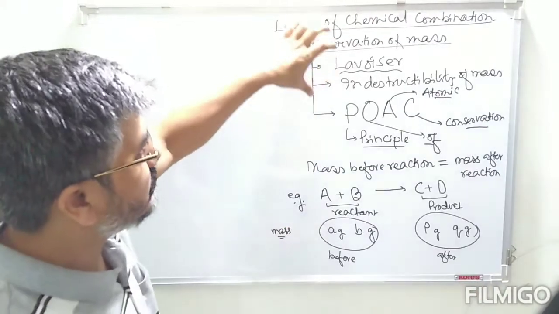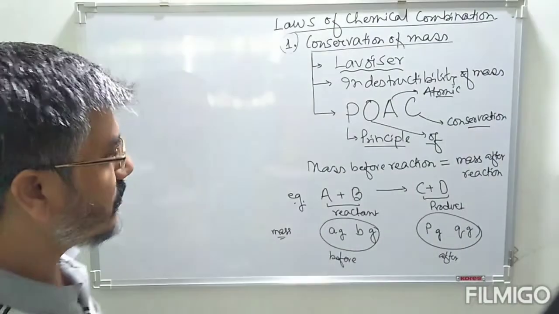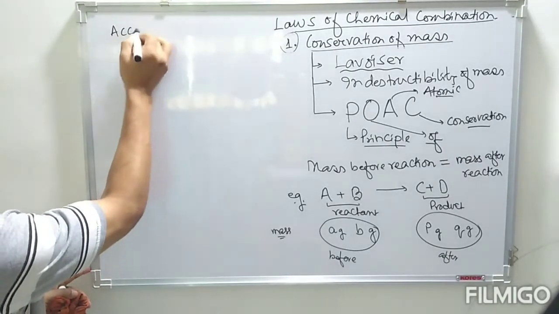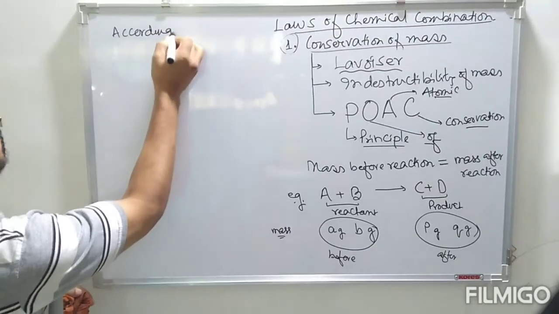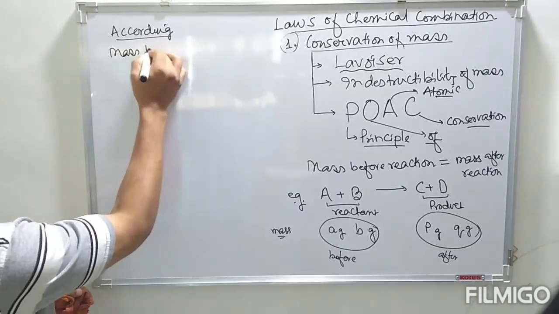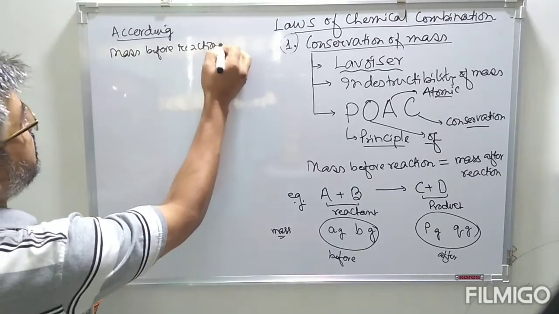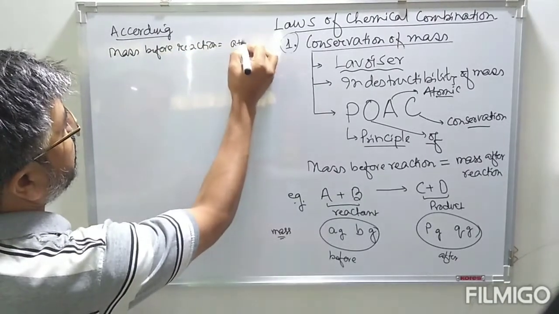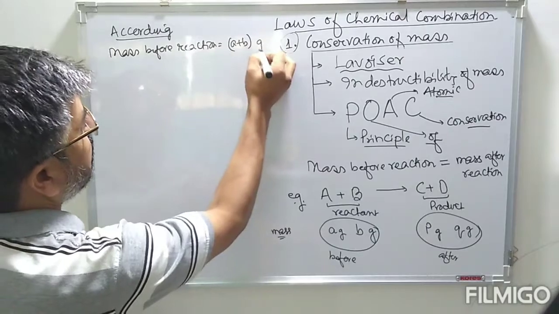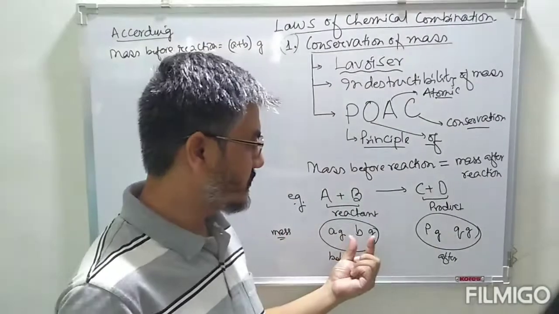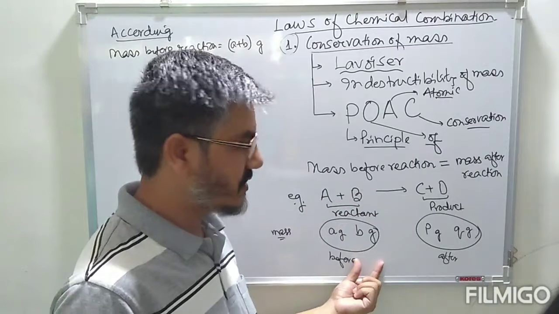Then according to this law of conservation of mass, so according to this law, mass before the reaction is A plus B gram. Now when A gram combines with B gram, that is the total mass of reactant before the reaction.